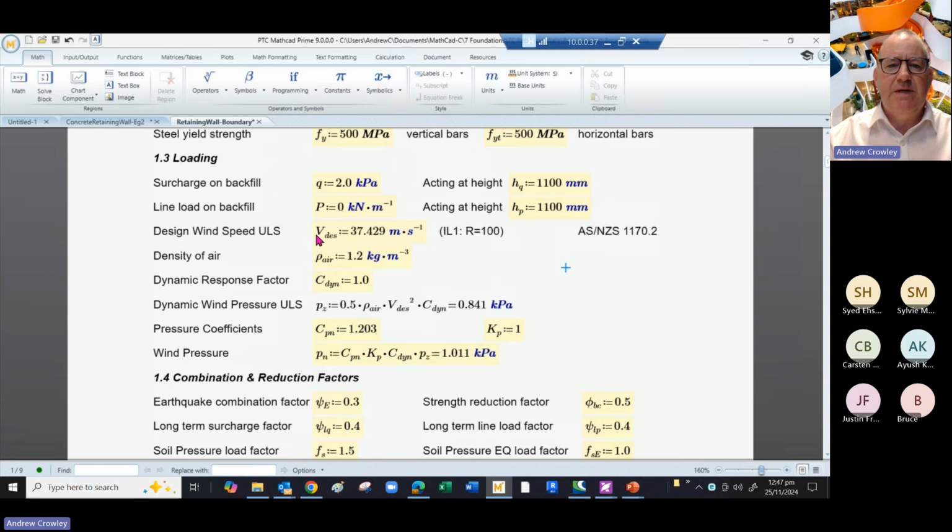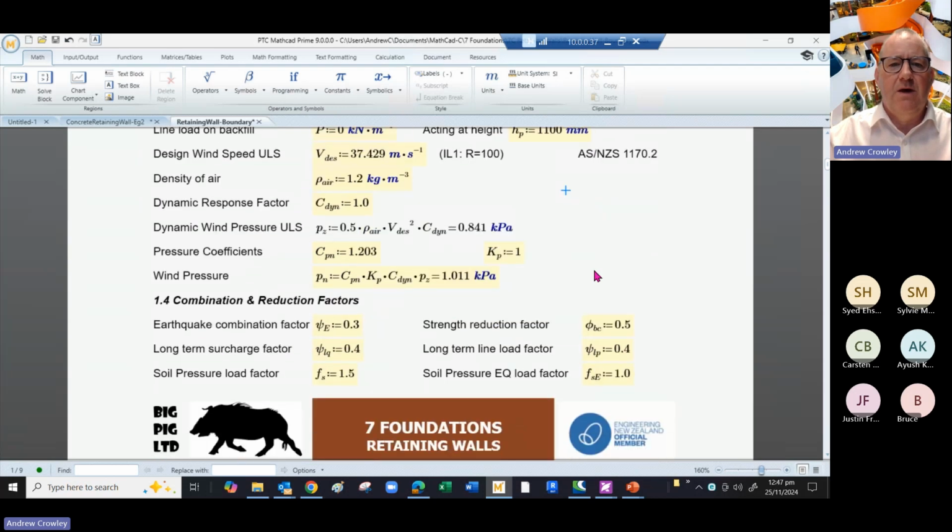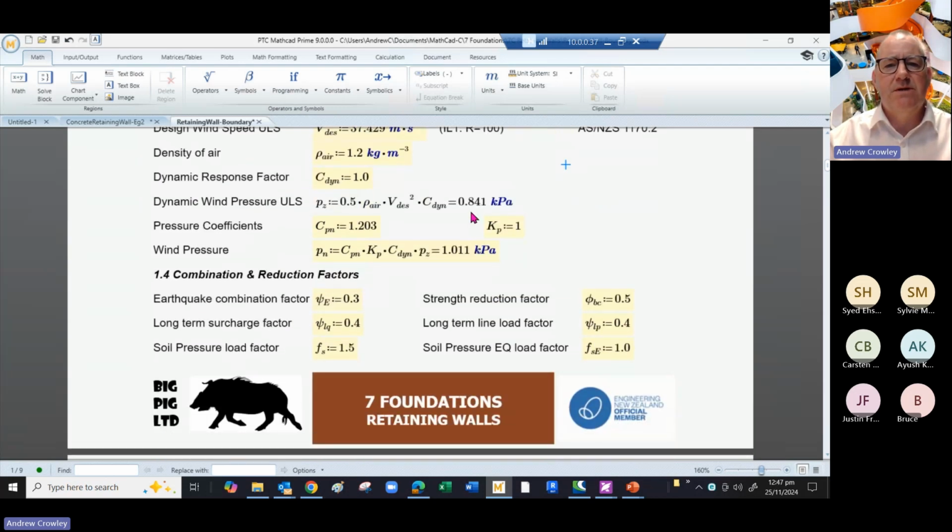The design wind speed, because we're looking at an IL1 structure, we're looking at a return period of 1 in 100 years. So our design wind speed is 37. And that gives you dynamic wind pressure of 0.84. Because our pressure coefficients are 1.2, we're going to work out with a wind pressure of 1, or just slightly over 1 kPa.